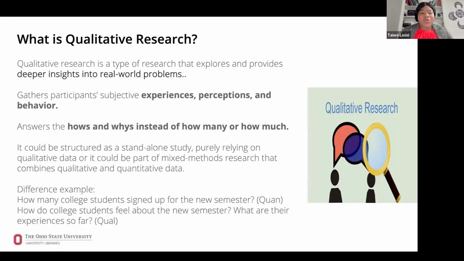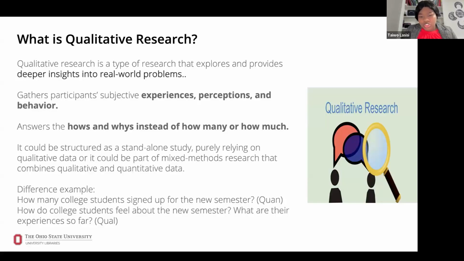So what is qualitative research design? Whenever I think about qualitative research, I like to think about things that have to do with quality, deep meanings.